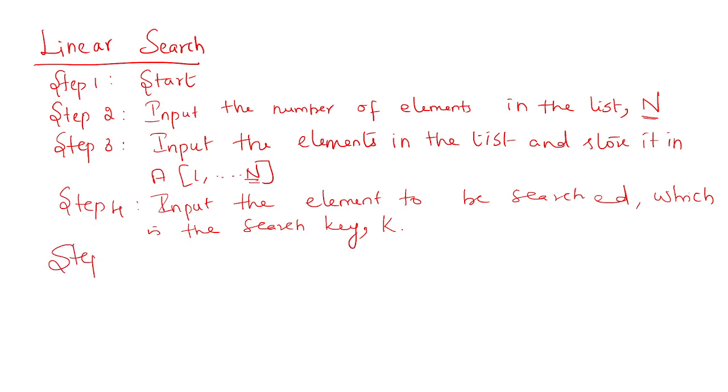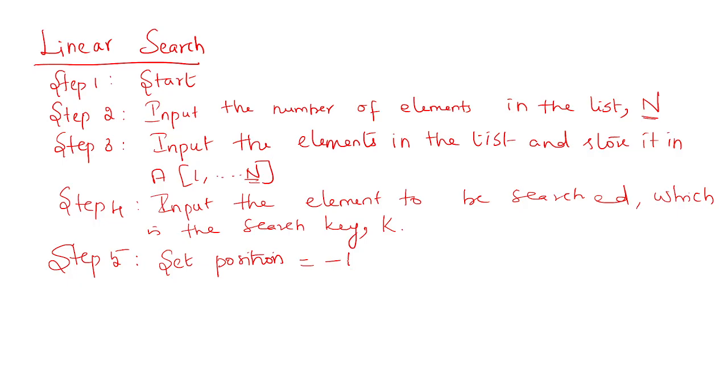Now step number 5. Now I'll make some initialization. I said that you need to return the position where the element is present, or if the element is not present, I should know that. For this I am going to set a counter or a flag: set position equal to -1.